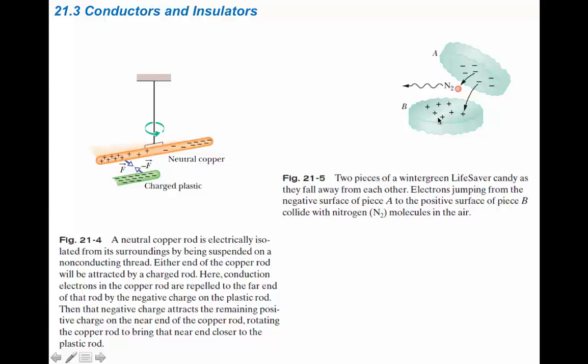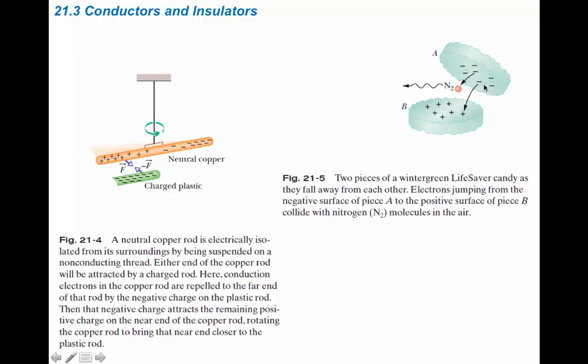Here we have a picture of a wintergreen Life Saver. If you chomp a wintergreen Life Saver candy in the dark, you'll see blue sparks. This is my understanding of what happens. When you chomp on it, it breaks, and some of the electrons will be on one piece. If they're on this piece, then the corresponding positive ion is on this piece.